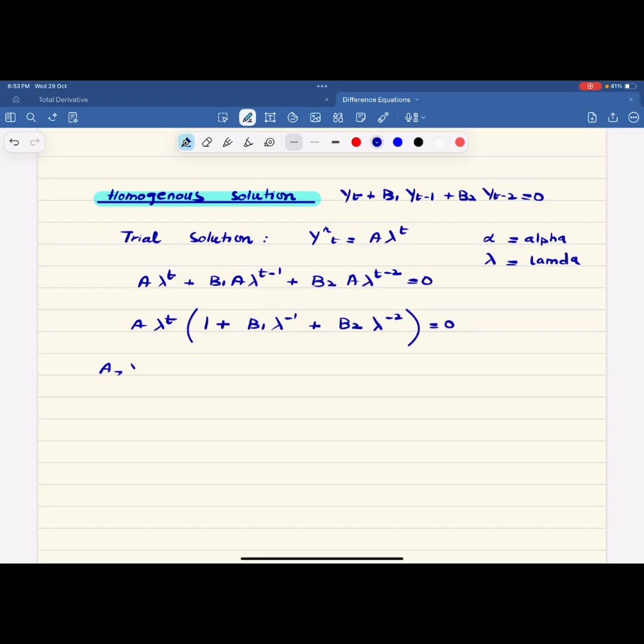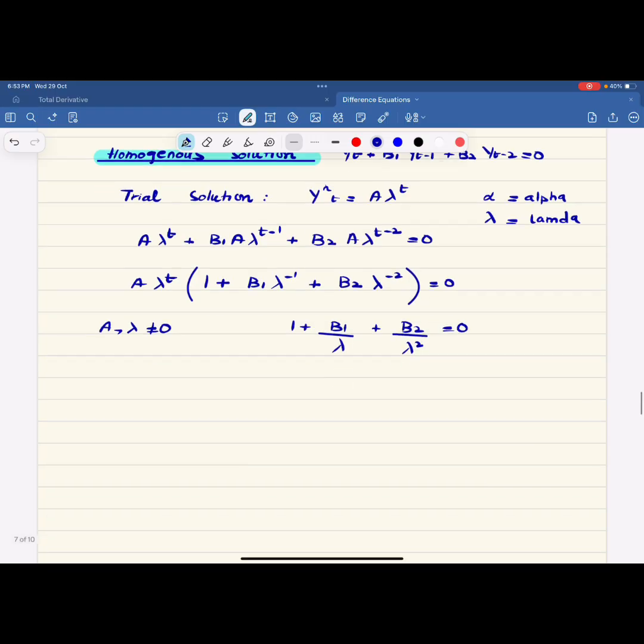Since A and lambda are not equal to 0, therefore 1 plus beta 1 over lambda plus beta 2 over lambda squared is equal to 0. So we have lambda squared plus beta 1 lambda plus beta 2 is equal to 0.